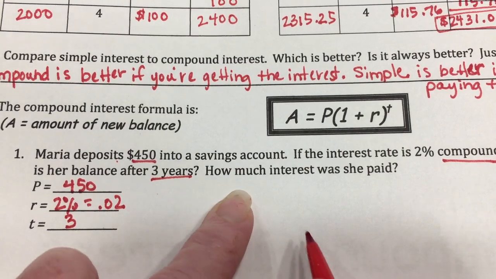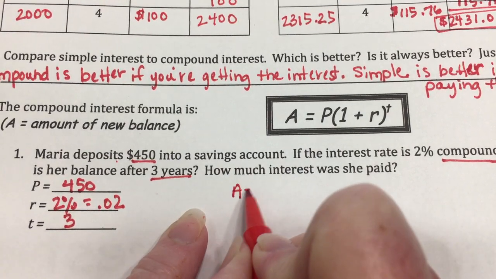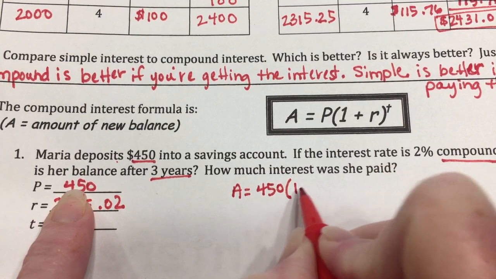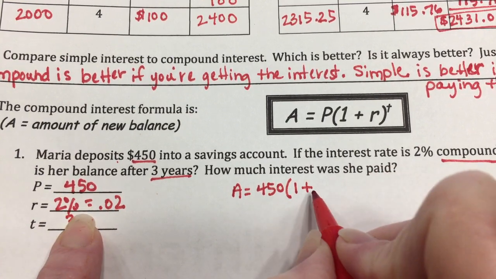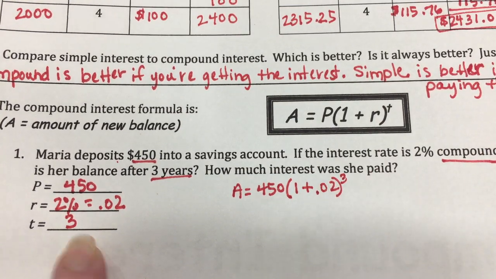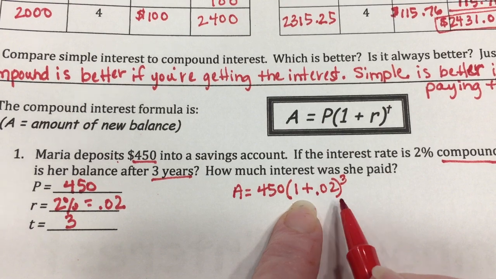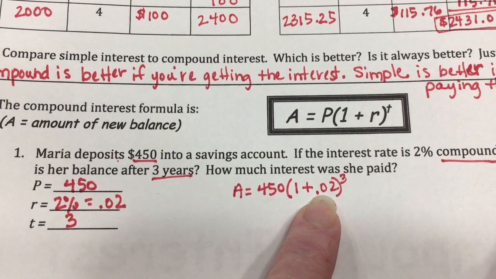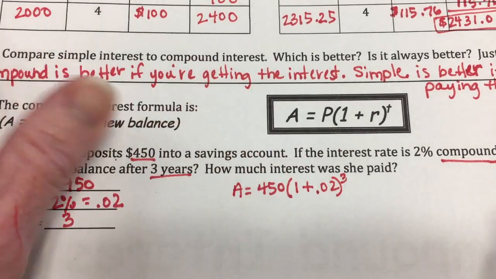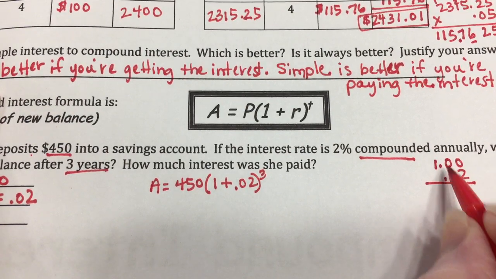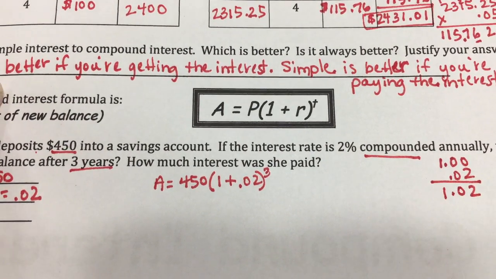All right, so now if I use this formula, A equals the principal, which is 450, times 1 plus the rate, which is 0.02, to the exponent of 3. I'm going to start with my parentheses. If I add 1 plus 0.02, and you can't just do that in your head, you need to line it up, then you're going to have to add 2 zeros to the 1 so that you can add the decimal 0.02. But this ends up being 1.02.